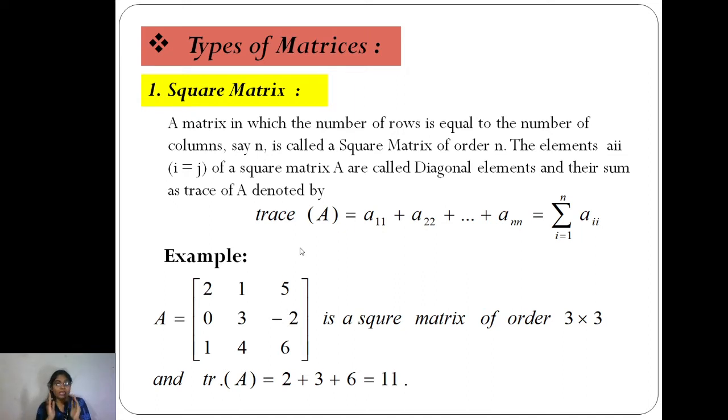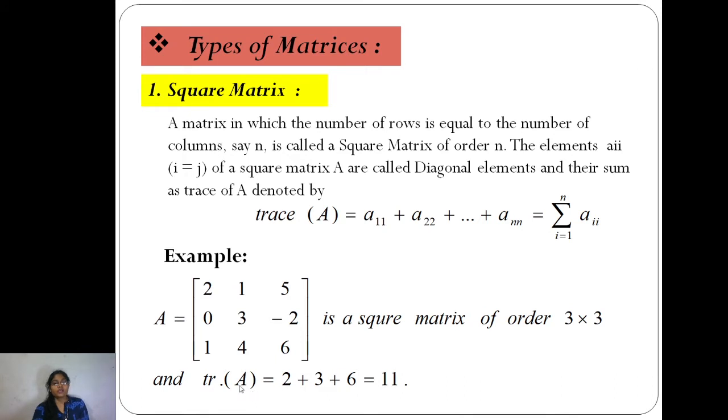Okay, for example, capital A is a 3 by 3 square matrix, that means number of rows equals 3, number of columns equals 3. This is a square matrix: 2 1 5 first row, 0 3 minus 2 second row, 1 4 6 third row, a square matrix of order 3 by 3.